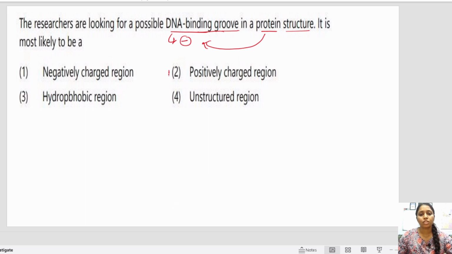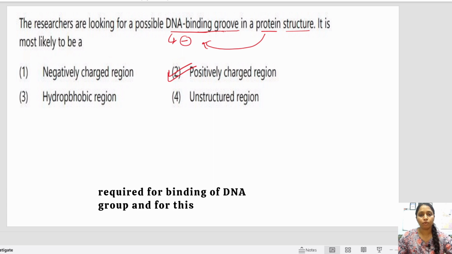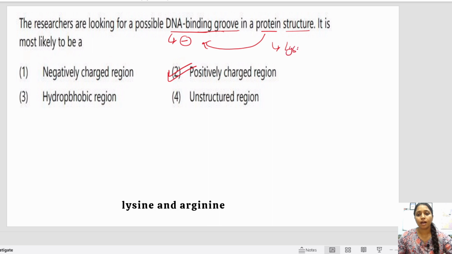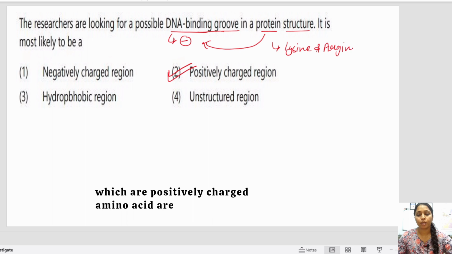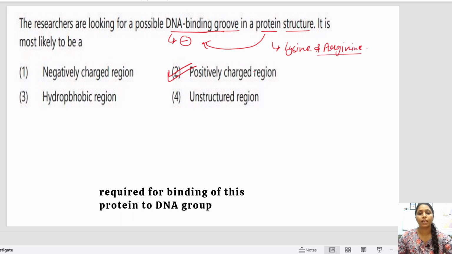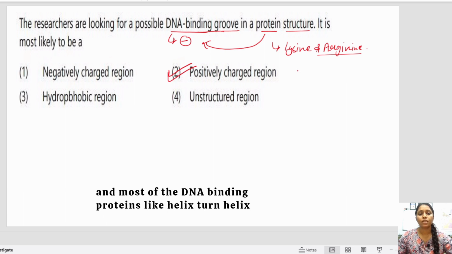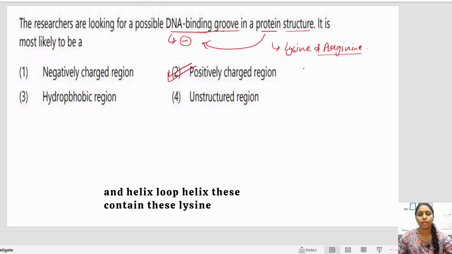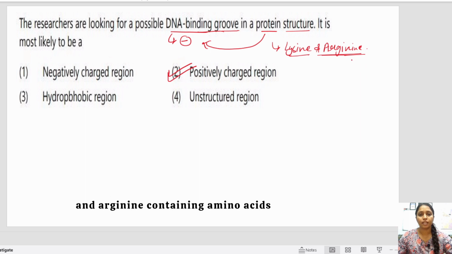So a positively charged region is required for binding of the DNA groove, and for this lysine and arginine, which are positively charged amino acids, are required for binding of this protein to the DNA groove. Most of the DNA binding proteins like helix turn helix and helix loop helix contain these lysine and arginine containing amino acids. So option number 2 is correct.